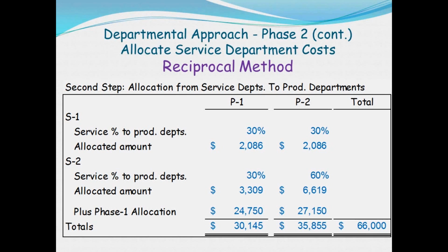Now, the most important thing to see with this model is we didn't change this to 50-50 and 1/3, 2/3. Why not? Can somebody in words tell me why we didn't do that? Because some of it has been allocated to other service departments. Not some of it, all of it. All of it has been allocated.